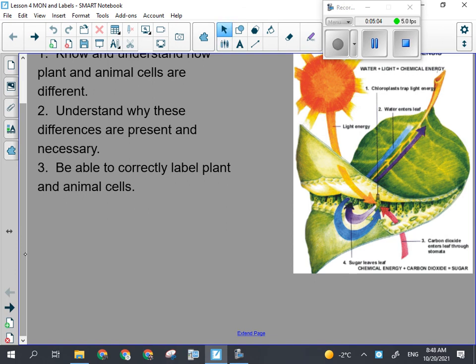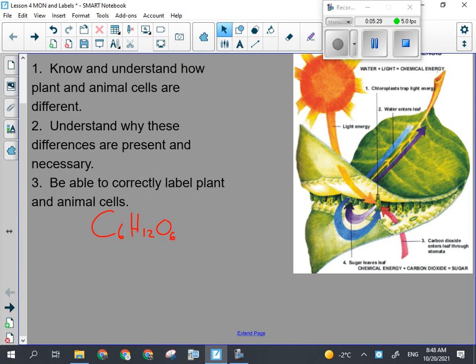And glucose is C6H12O6. Every one of these organisms, plants, animals, fungi, protists, that would be the amoebas and paramecium, bacteria, all of them use this reaction to fuel themselves.